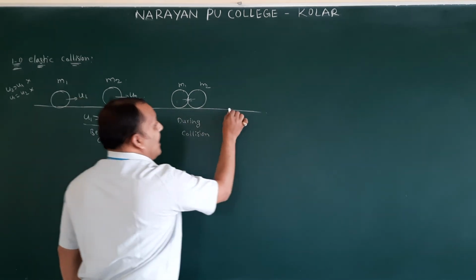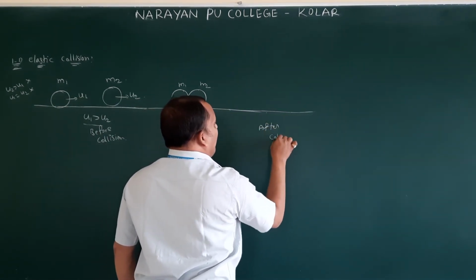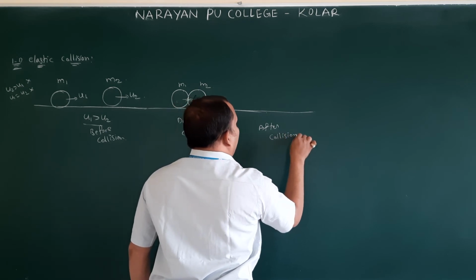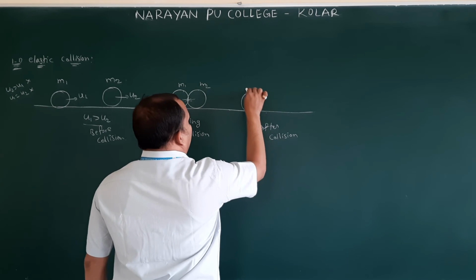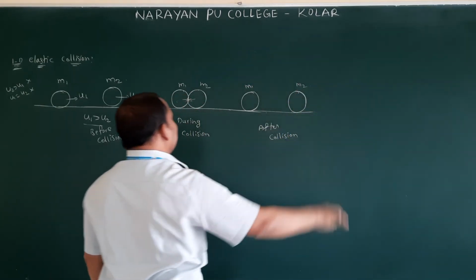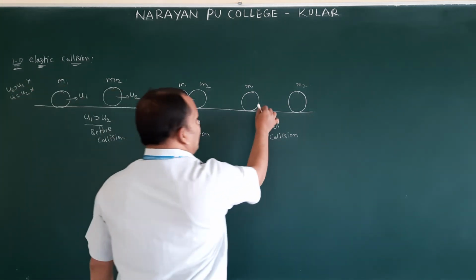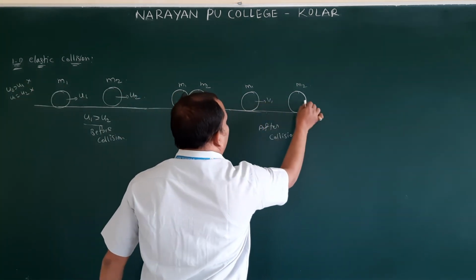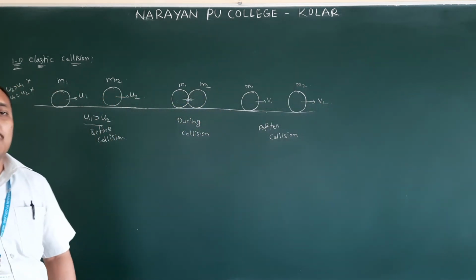Now collision happened. After collision, masses of the objects will not be changed. Masses will be the same only. Then what is going to be changed means its velocities will be changed. So V1, V2 are the velocities after collision.